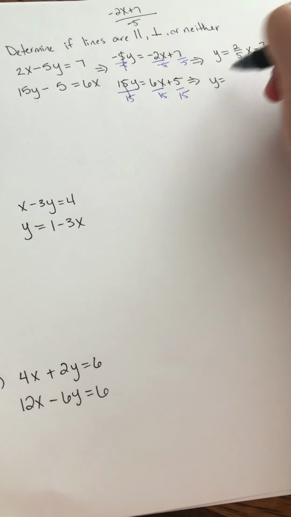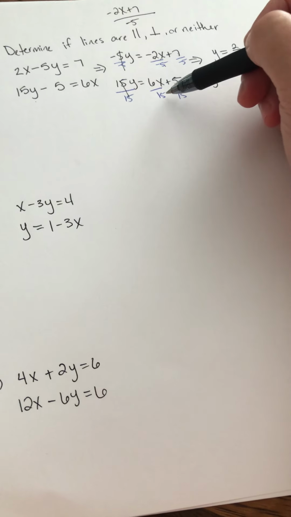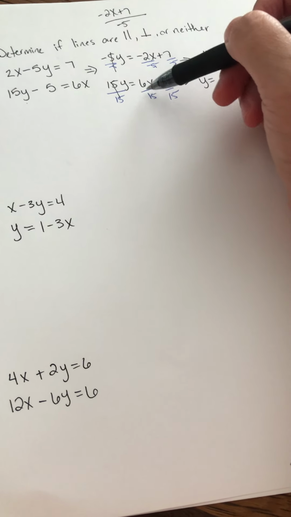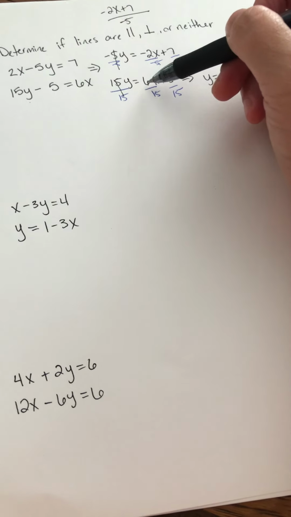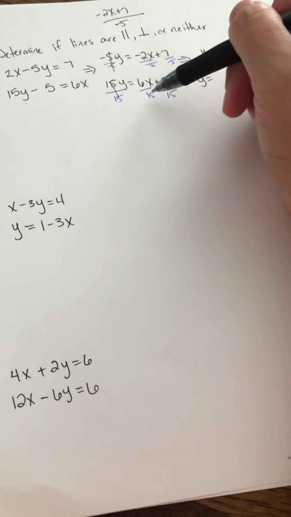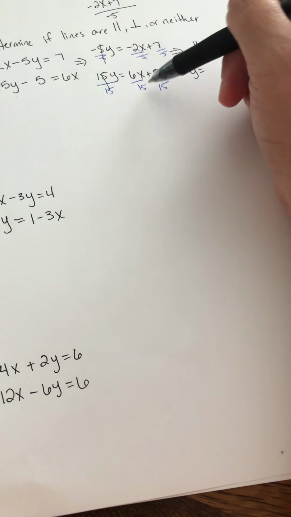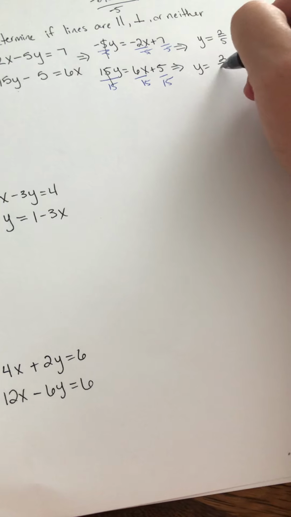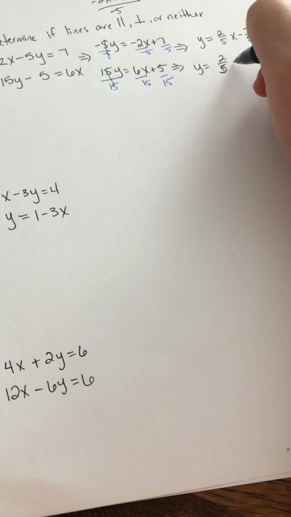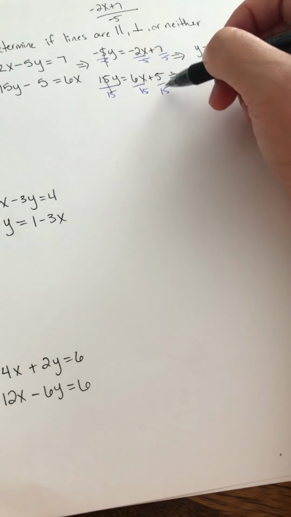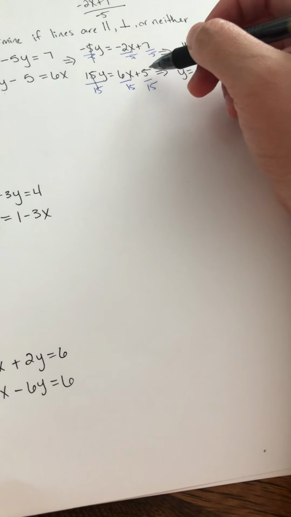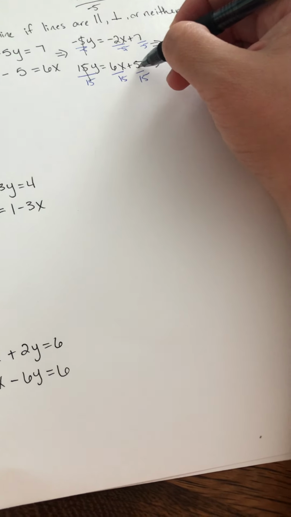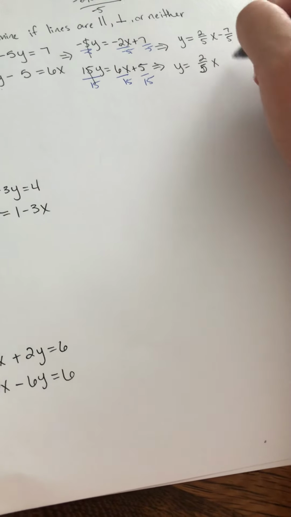We get y is equal to 6 divided by 15 reduces. If you take out a 3, this would be 2, and this would be 5. 15 divided by 3 is 5, so I'd have 2/5 x. And then 5 divided by 15 reduces, I can take out a 5, so I'd have 1/3.